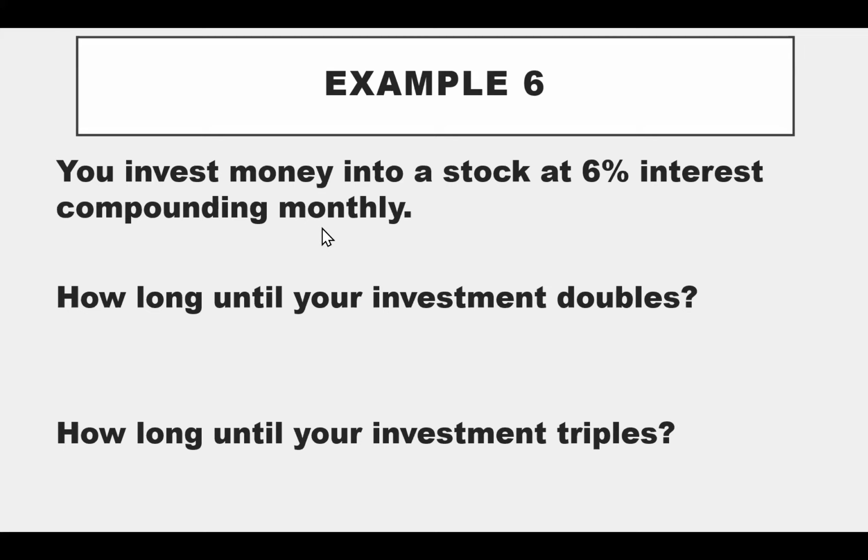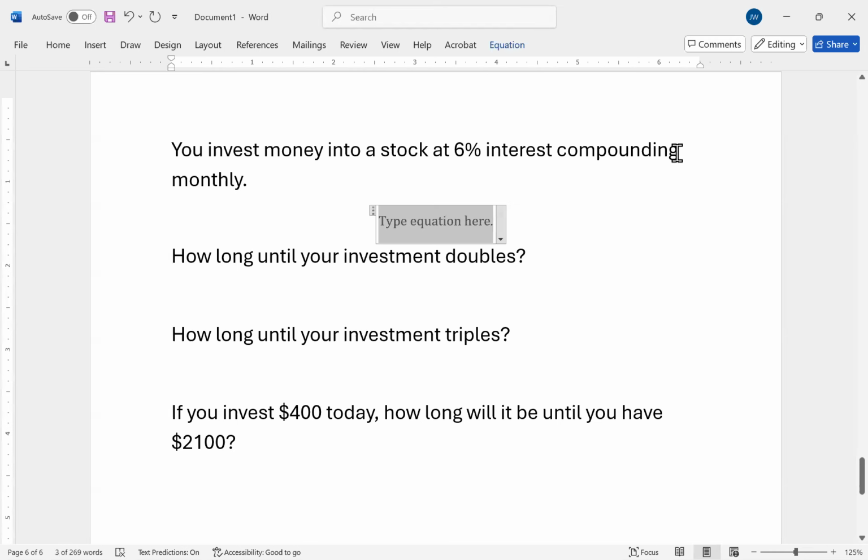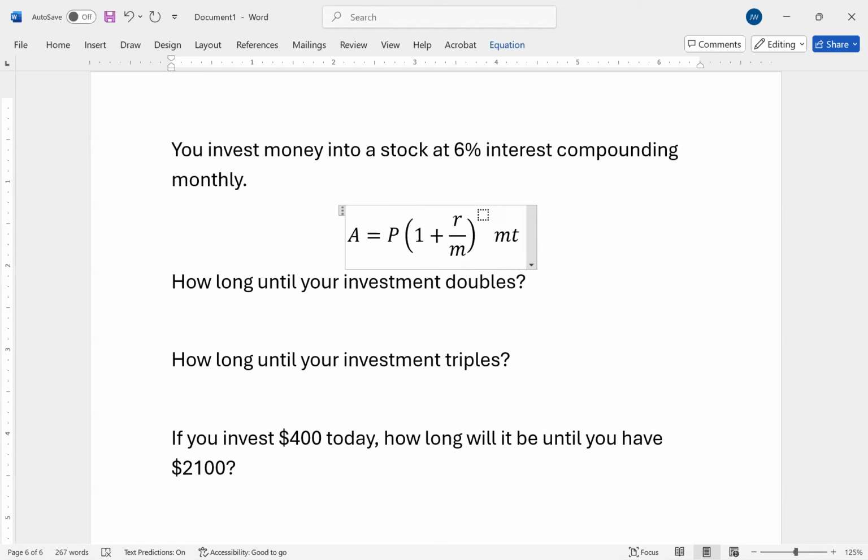Obviously, we're compounding monthly, so we have to use the appropriate formula. In a couple of seconds, I will show you how it's done. All right, so since we are compounding monthly, we're going to be using the formula A equals P times the quantity 1 plus R over M to the MT power.